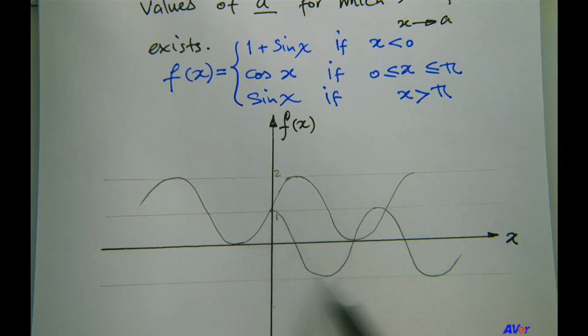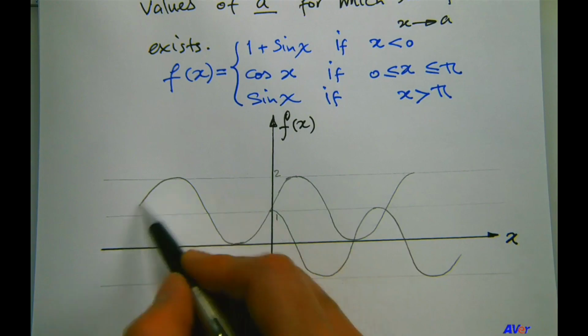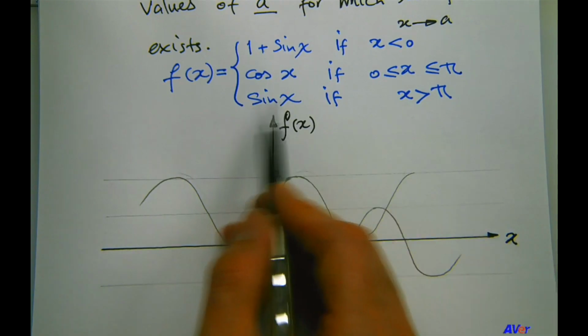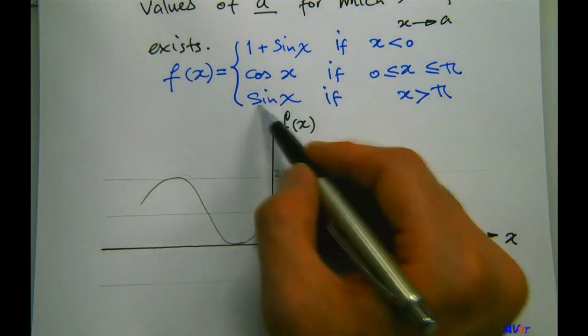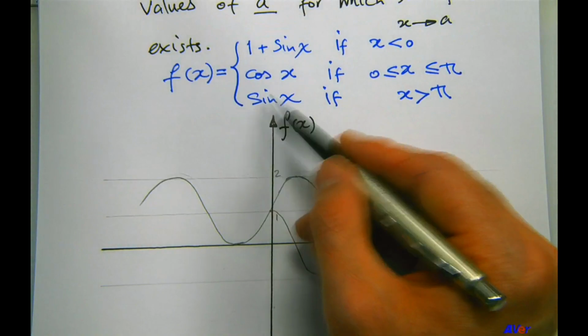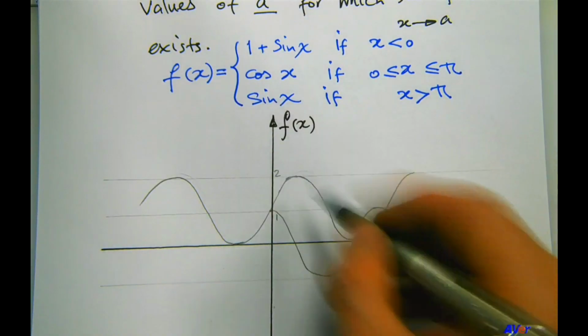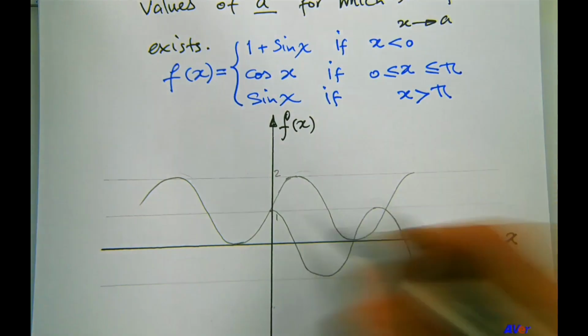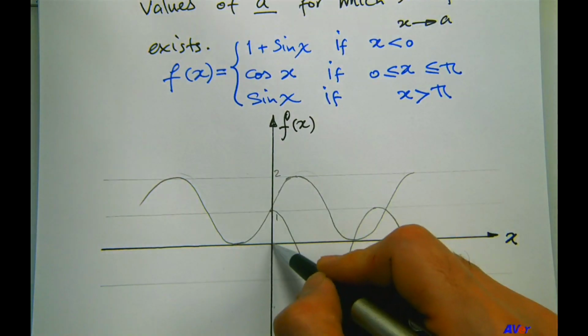So this is the cosine of x graph. This is 1 plus sine of x. And then we have one more left, right? The sine of x. And that, as we learned from trig, also varies between -1 and 1. So let me do that. I would start from here.